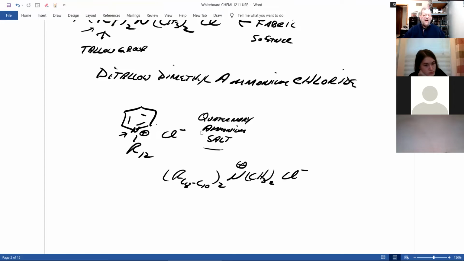This one, or R or C8 or C10, didecyl ammonium chloride or dioctyl ammonium chloride, a dimethyl dioctyl ammonium chloride. This is really a great antimicrobial, antiviral compound. In fact, they've been using this for a while in hospital surgery rooms.